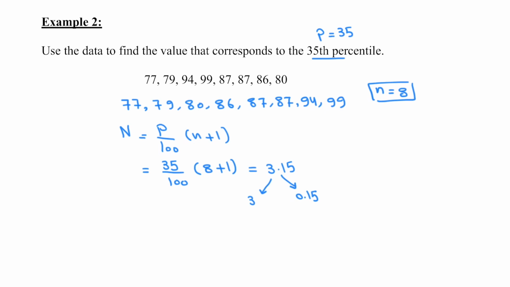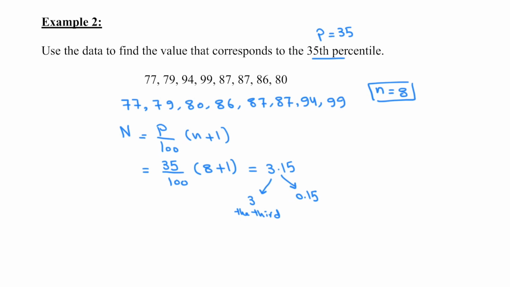The value that I'm looking for is located between the third and the fourth. Again, 3 here means the third. But as we can see, the location here is 3.15. So the value that I am looking for is located between the third and the fourth value.